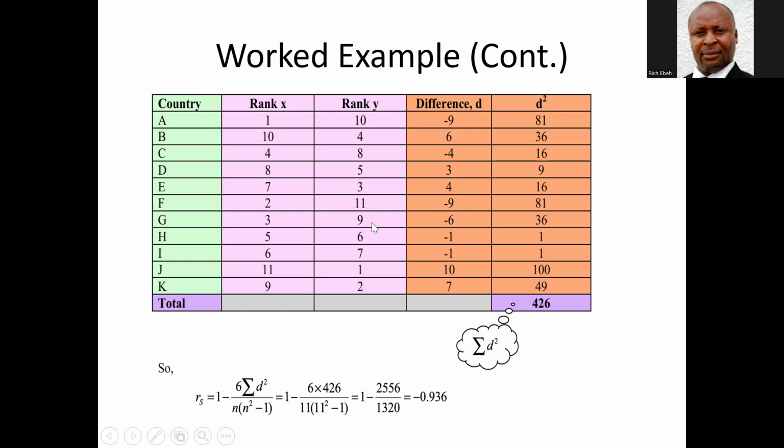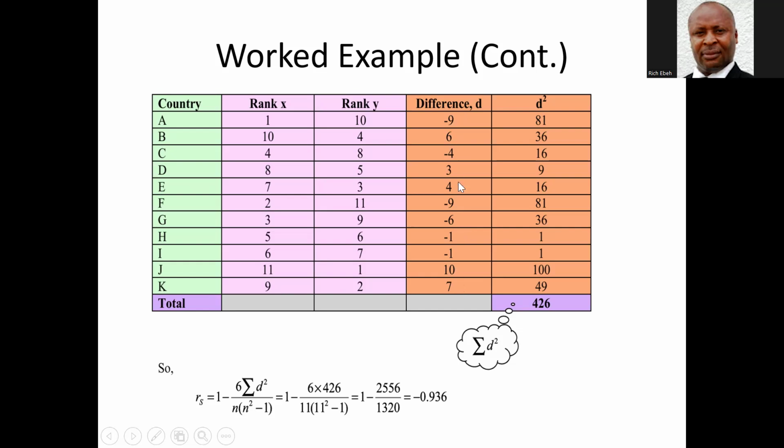Then 3 minus 9 will give you minus 6. Then 5 minus 6 will give you minus 1. 6 minus 7 will give you minus 1. 11 minus 1 will give us 10. Then 9 minus 2 will give us 7.